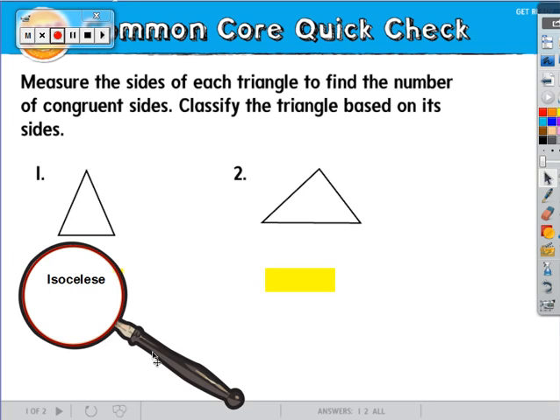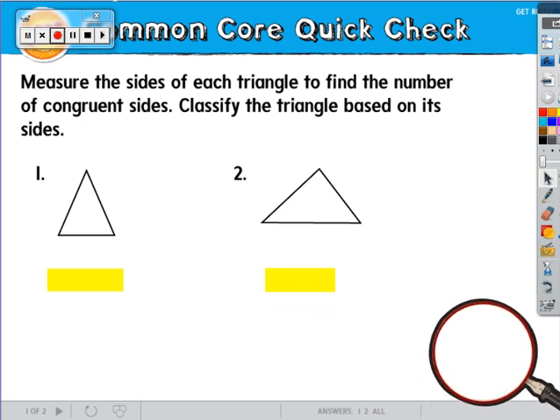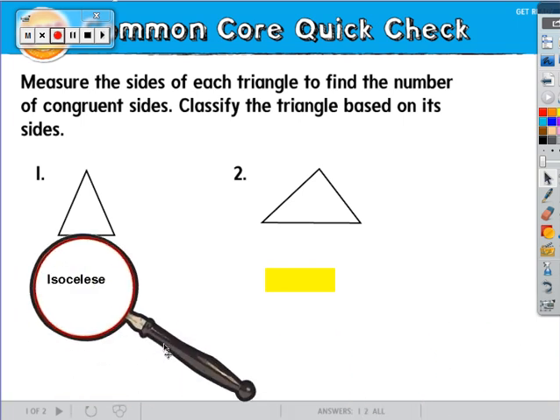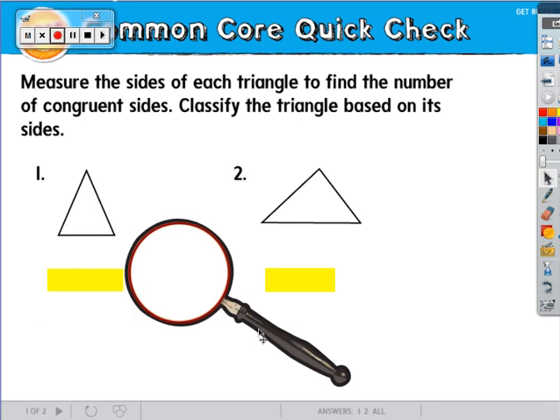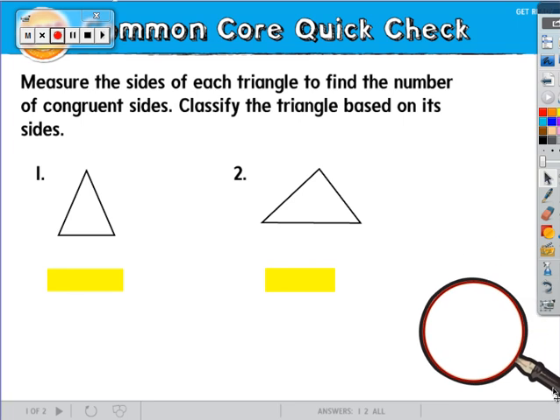And number 2 is what? Scalene. So number 1 is isosceles, and number 2 is scalene.